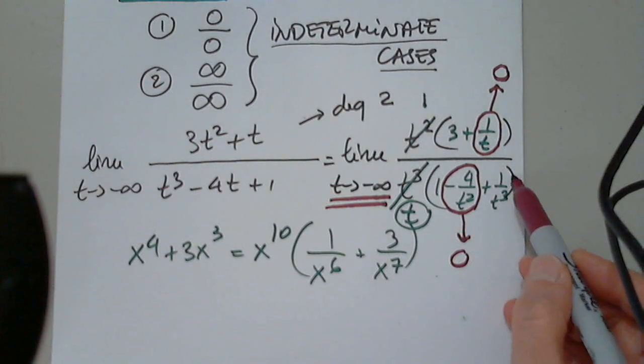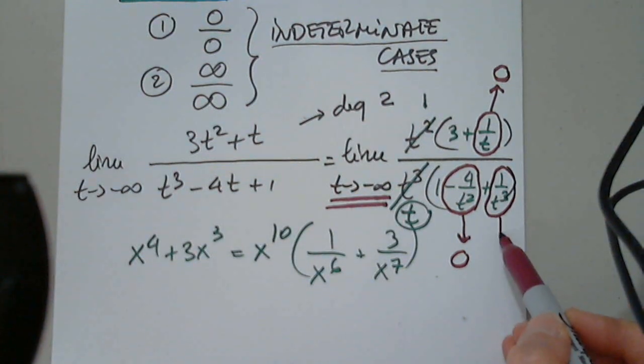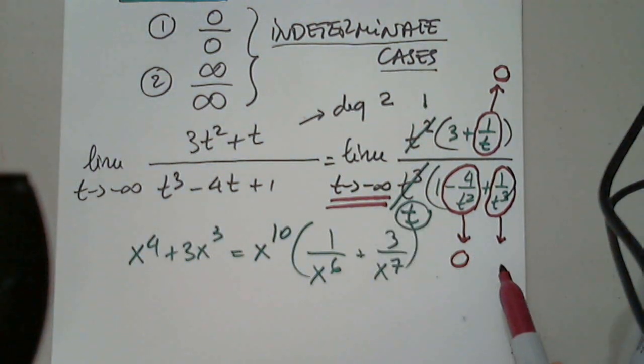Thank you. Where is 1 over t to the third going when t approaches negative infinity? 0 again. Thank you very much.